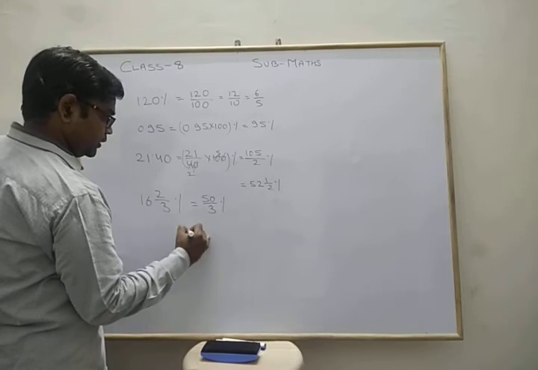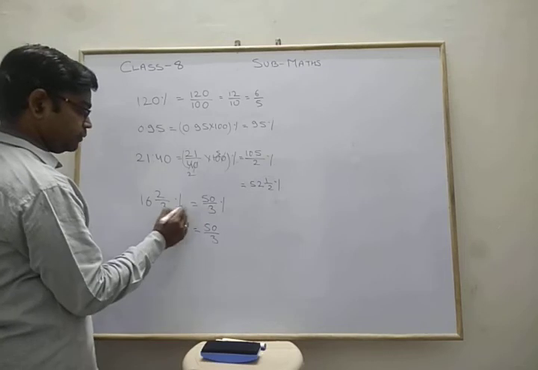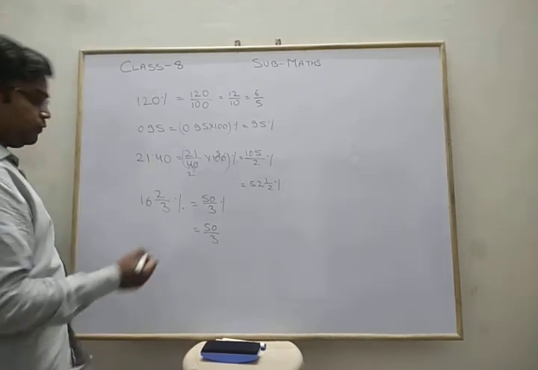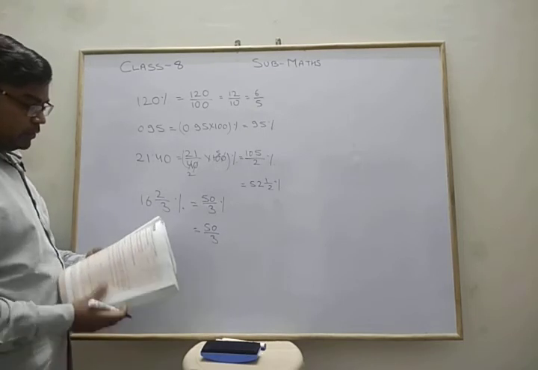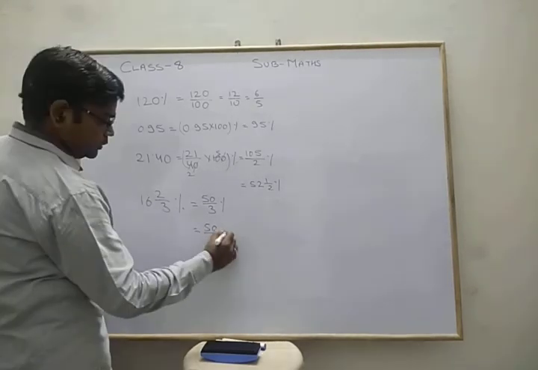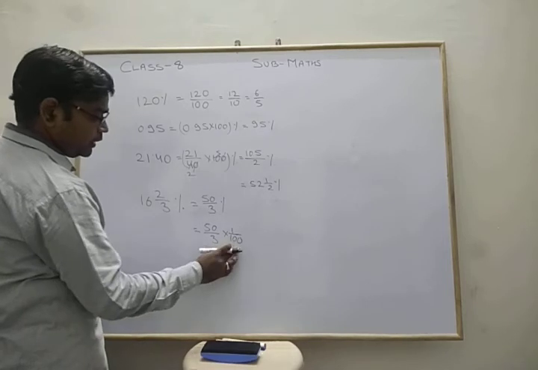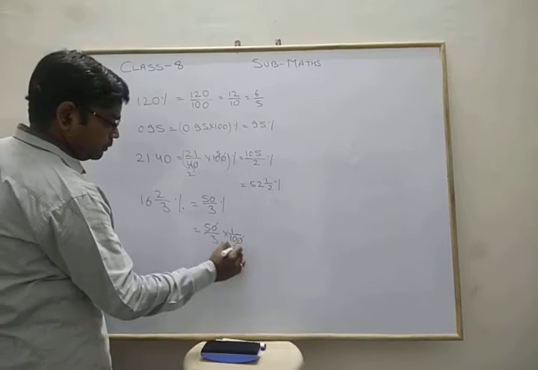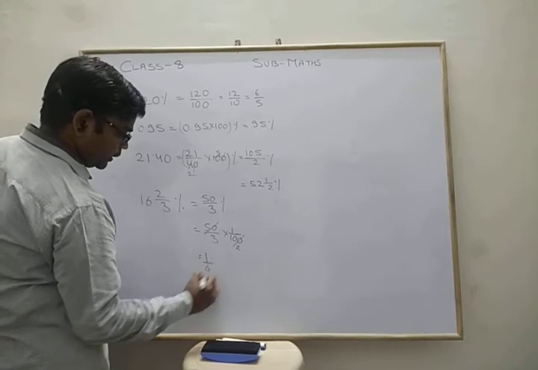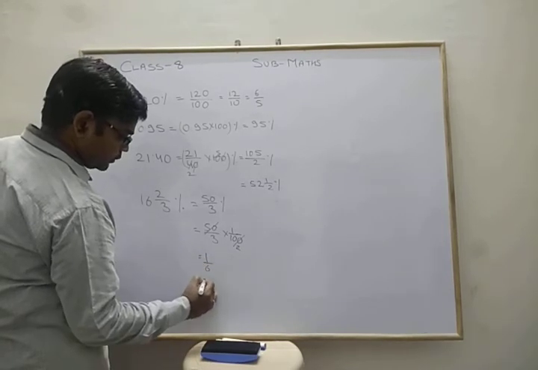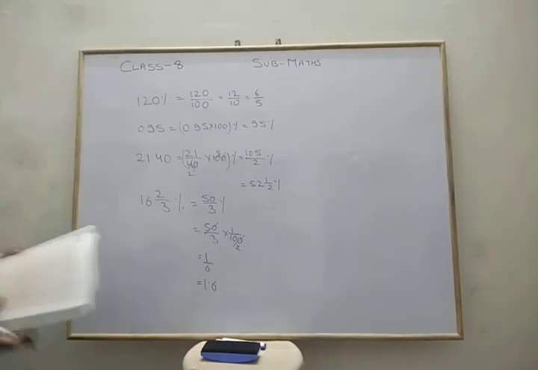Now we convert percent to fraction or ratio, so we must divide by 100. That gives 1 upon 6, or we can write 1:6. Hope these concepts are clear.